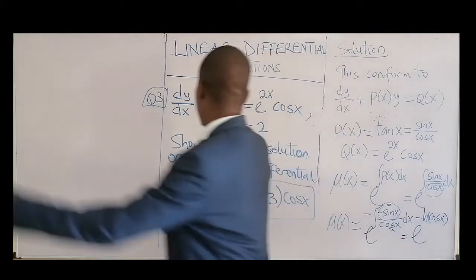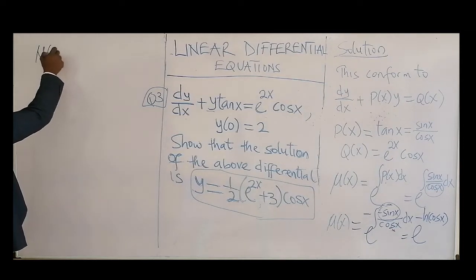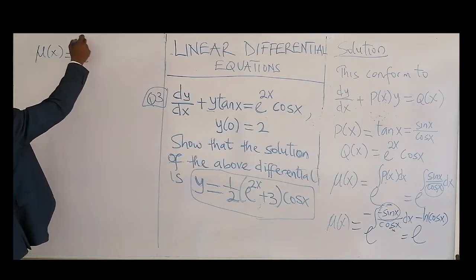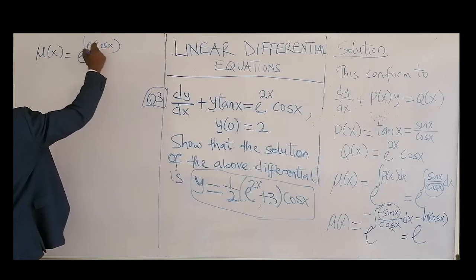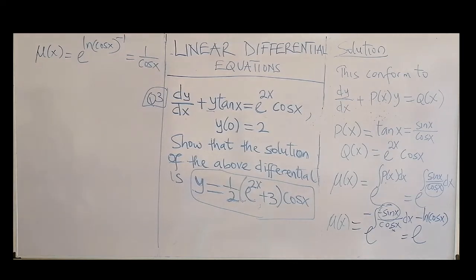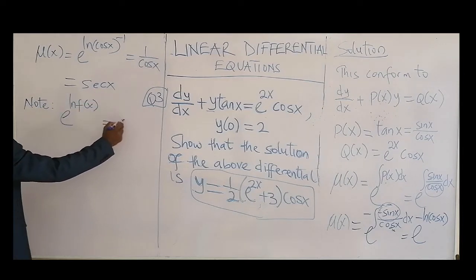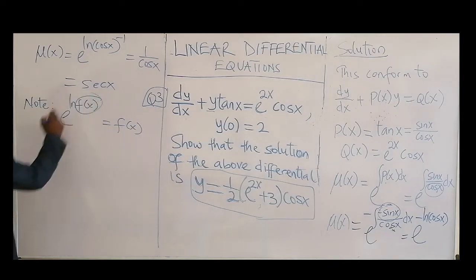So without wasting time, the integral factor will be equal to exponential ln cos x to the minus 1, and that's 1 over cos x, which is equal to sec x. And then you have to note that exponential to power of ln of a function will be equal to f of x. It will be equal to what you have here.